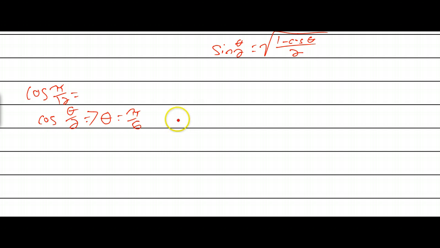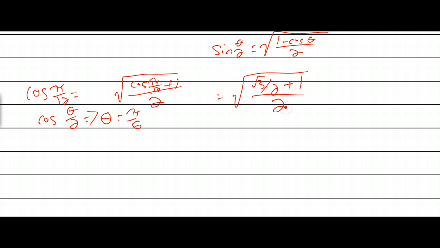So this is going to equal the square root of cosine pi over 6 plus 1 divided by 2. Cosine of pi over 6 is square root of 3 over 2, plus 1, over 2. And you just simplify that.